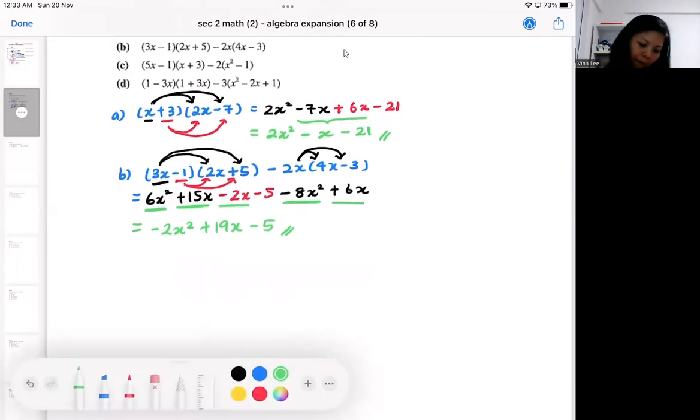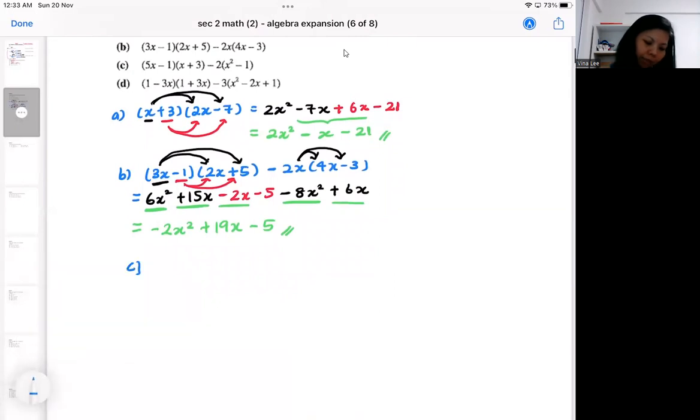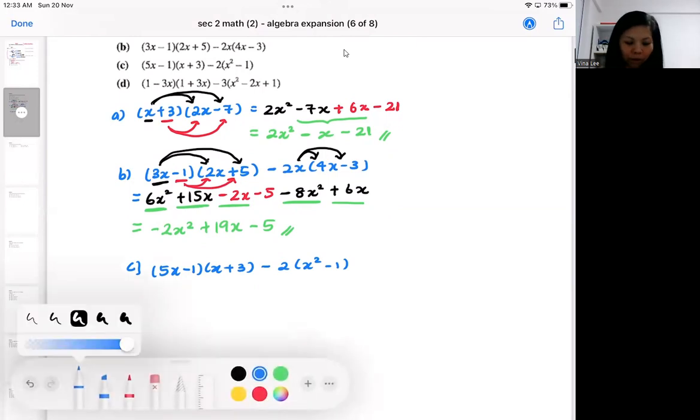Let's explore part C. For this part of the expansion, you will find your teacher will complete it very fast because it's so basic.